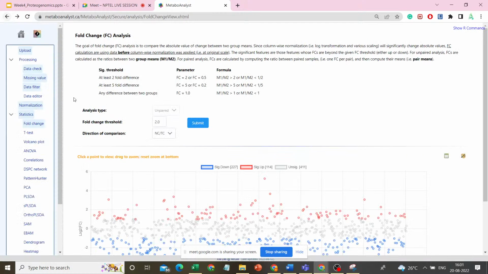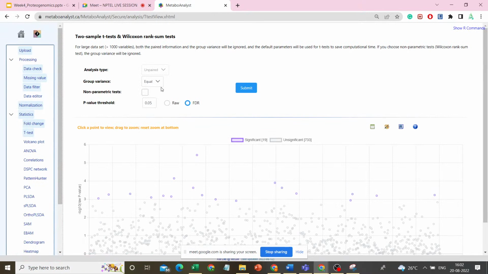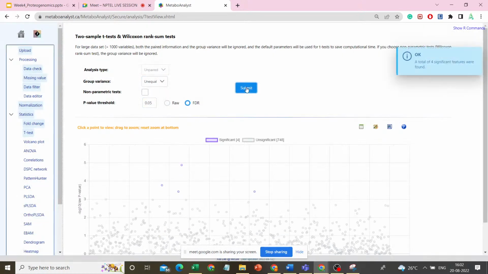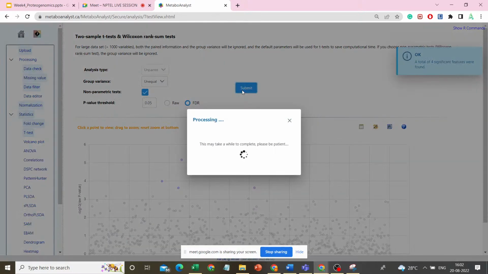So now we will go to the t-test. We will keep the group variance as unequal, and a 0.05 FDR gives only 4 significant results. Here the data looked fairly normalized, but if you don't want to depend on whether the data distribution is Gaussian or not, you can go for the non-parametric test.